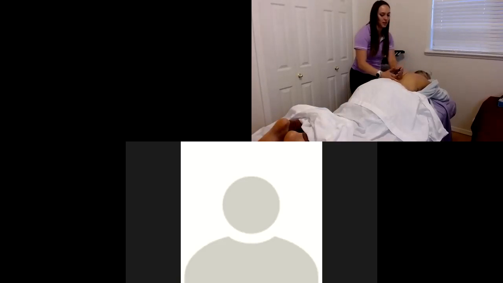Then we're going to go Geranium. So you guys can see, I didn't really think about it, but I applied the Geranium over her heart chakra area. It is a really good one for the heart chakra.